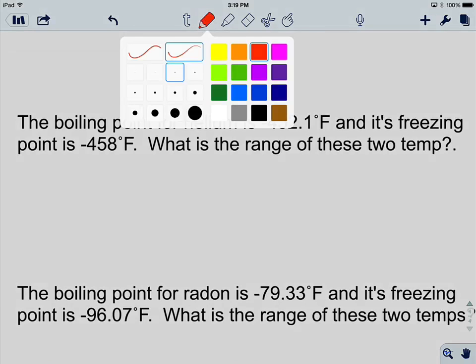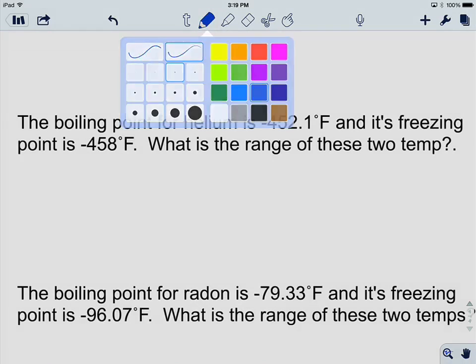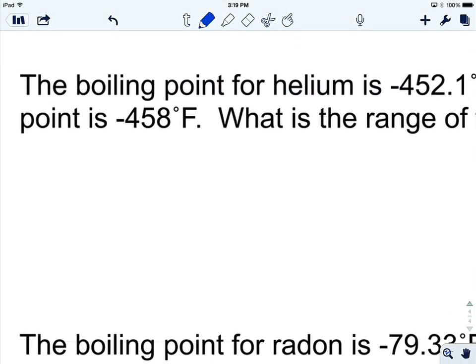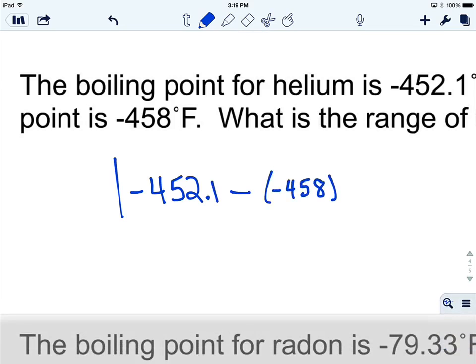So I'm just going to take dark blue. And I'm going to subtract these two numbers by first putting them in the absolute value. So the absolute value of my first number, negative 452.1, minus, and that's a negative 458. Careful of your negatives. You don't really need the degree symbol, but we'll live without it. I'm going to pull out the calculator and do the inside first.